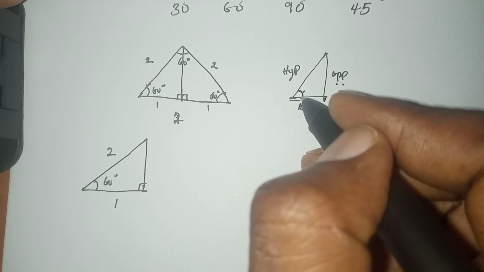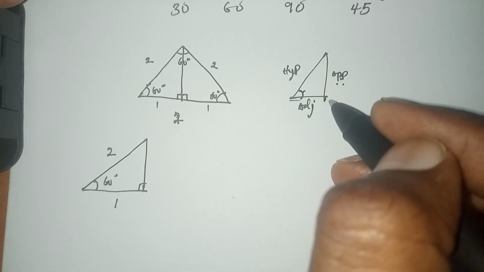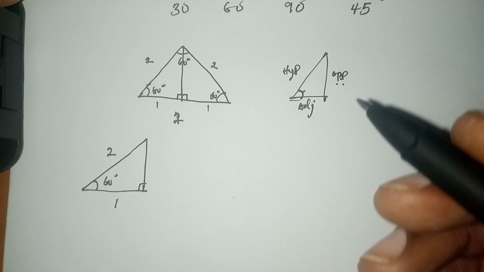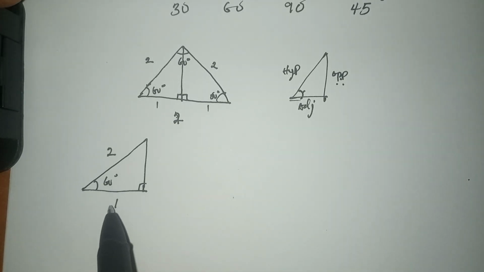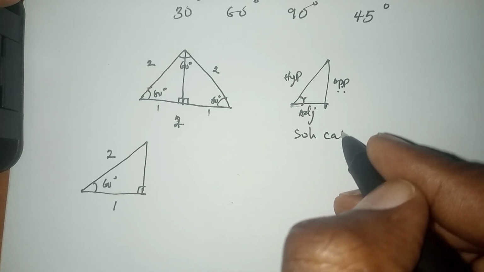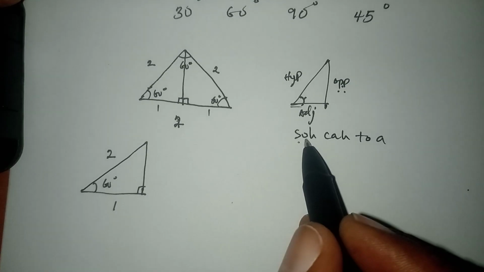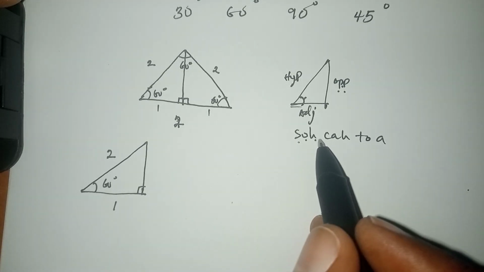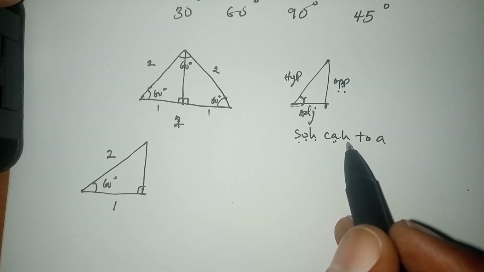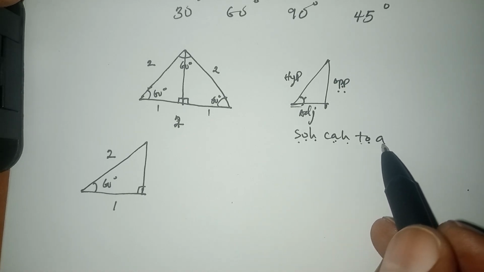Don't forget that. By applying SOHCAHTOA, Soh means opposite over hypotenuse. Cah means adjacent over hypotenuse. Toa means opposite over adjacent.